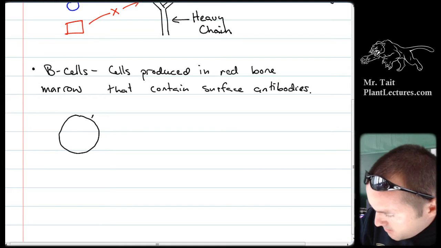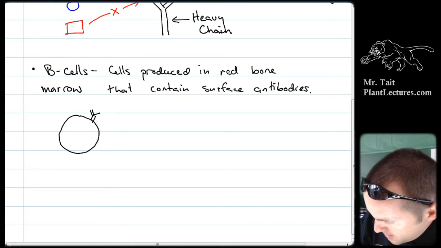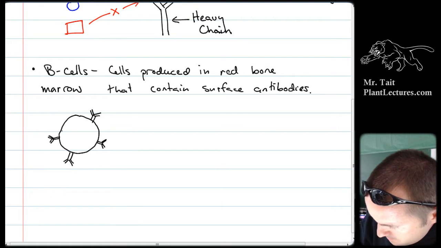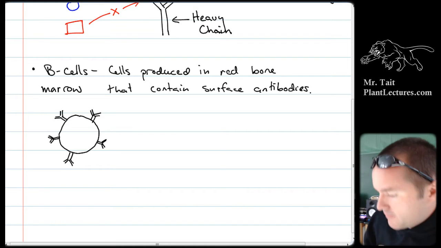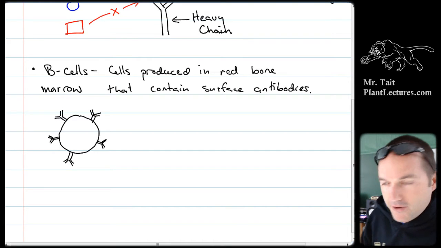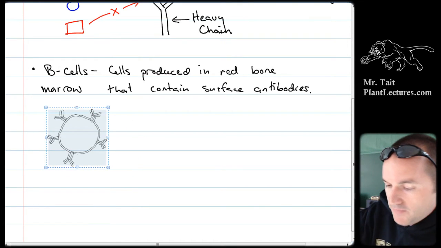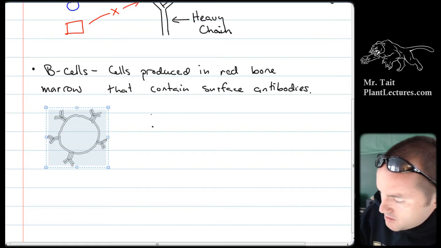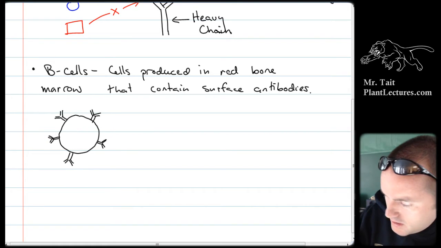So here's a B cell. There's an antibody on its surface. Another antibody on its surface. Another one. Sure, that's enough. It has more than that, but that's enough for us to draw. So here's a B cell, and we're going to do 2 B cells. I'm going to cheat, but draw 2 B cells.